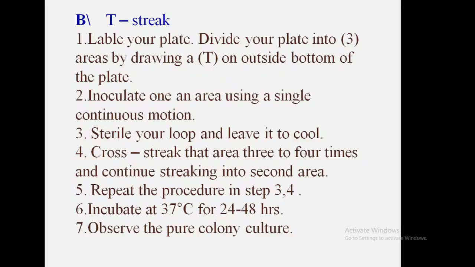Third step, sterilize your loop and leave it to cool. Next, cross streak that area 3 to 4 times and continue streaking into the second area. Repeat the procedure 3 to 4 times. Incubate at 30 degrees Celsius for 24 to 48 hours. Observe the pure colony culture.